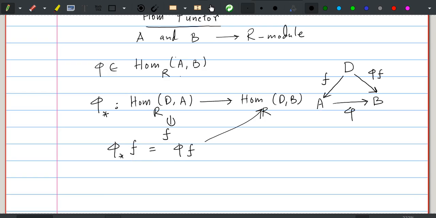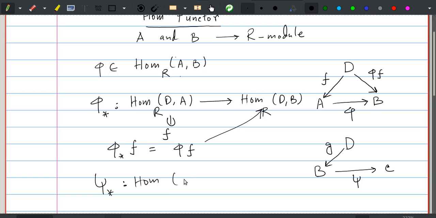Similarly, suppose we have a module homomorphism psi from B to C, and this is module D. Suppose we are given a module homomorphism G from D to B. Then this psi induces a module homomorphism psi star from Hom DB to Hom DC.